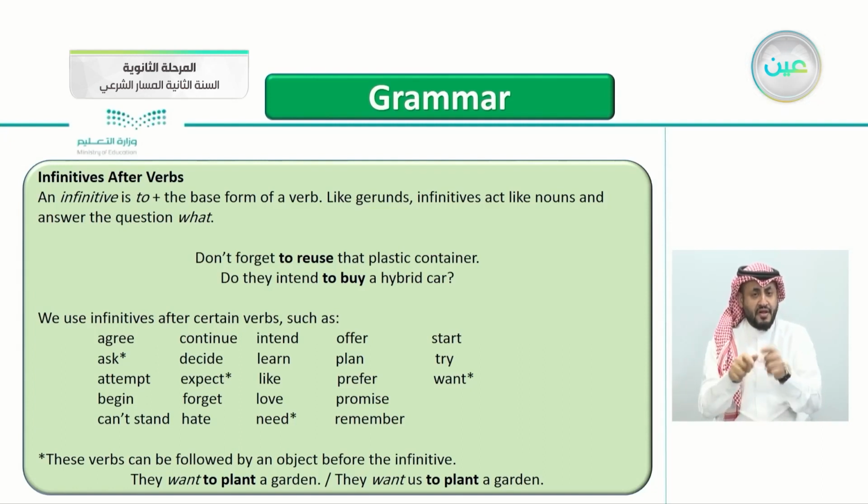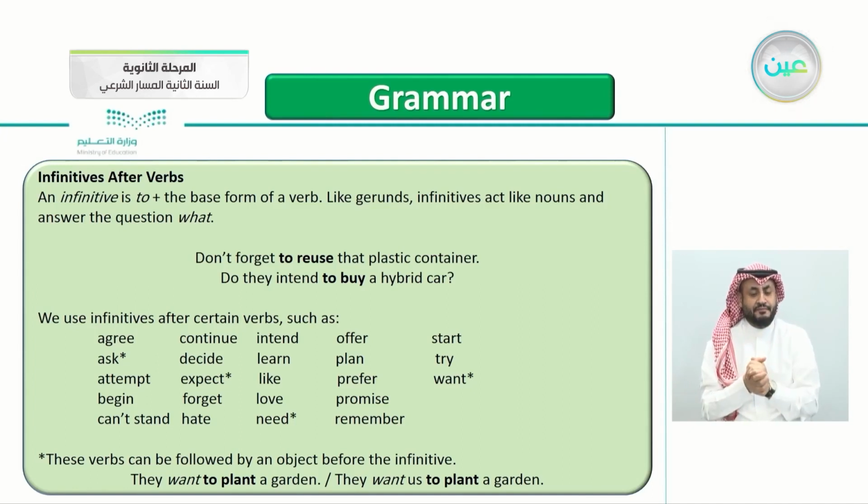For example here, they want to plant a garden, or they want us to plant a garden. So us here is an object. Again, these verbs can be followed by an object. So the object us came after the verb want.